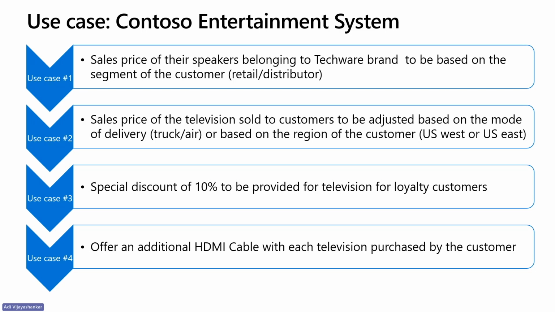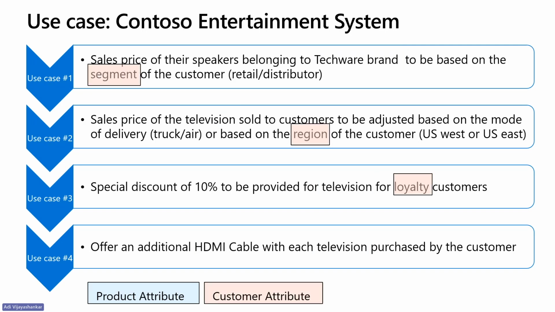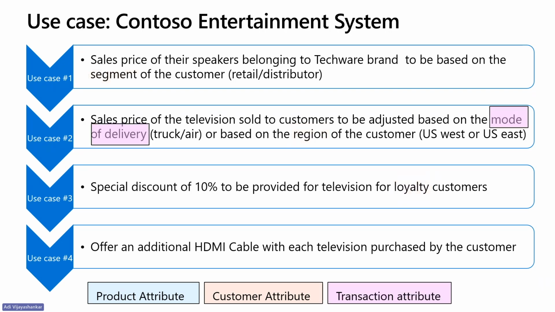So as you can notice, Contoso does not want their pricing strategy to be based on a customer or product or a customer group. They would like the pricing strategy to be based on an attribute defined against the product, such as the product's category or brand, an attribute defined against the customer, such as the customer segment or region, and an attribute defined in the sales order, such as the mode of delivery.